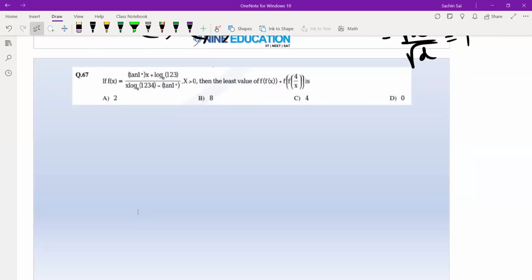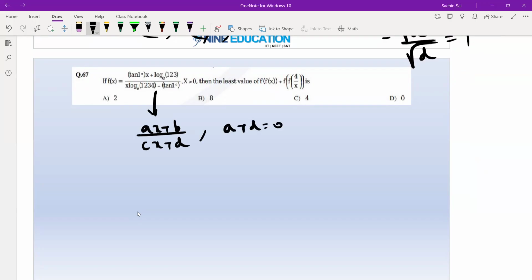Question 67, we have f of x is of the form ax plus b by cx plus d, and quite a common occurrence in recent mains papers. We can observe that here a plus d is 0.